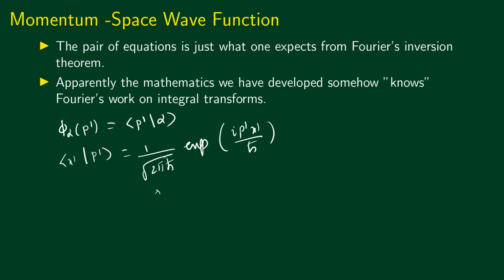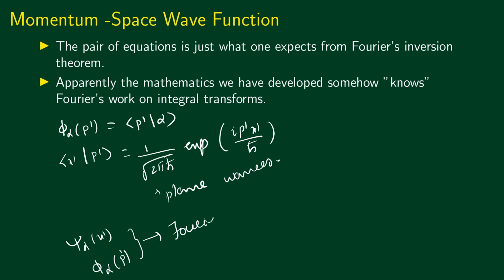This is the plane wave, so the momentum eigenkets in the position basis are plane waves, and we called these the momentum eigenfunctions. We also saw that the position space wave function psi alpha of x prime and the momentum space wave function phi alpha of p prime are related by Fourier transform.